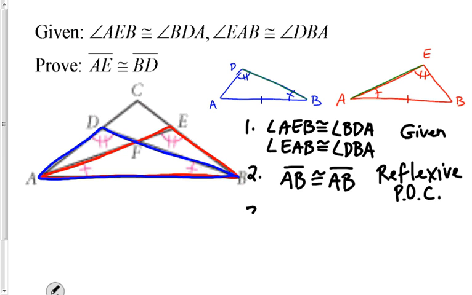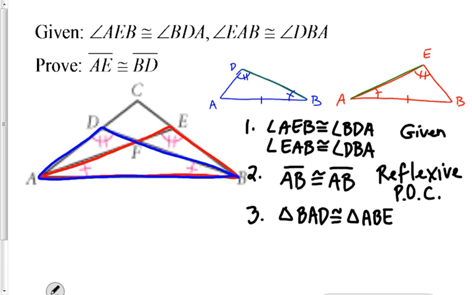Then step 3, I can now state that I have congruent triangles. So triangle BAD is congruent to triangle ABE. And of course, we know it's very important to write a correct triangle congruency statement where corresponding parts match up.